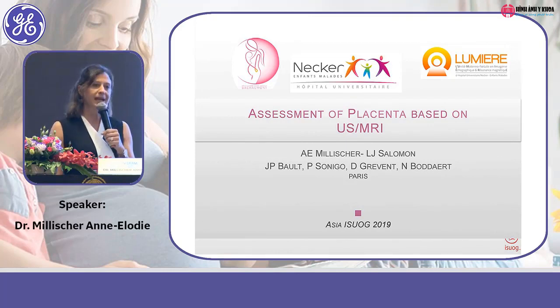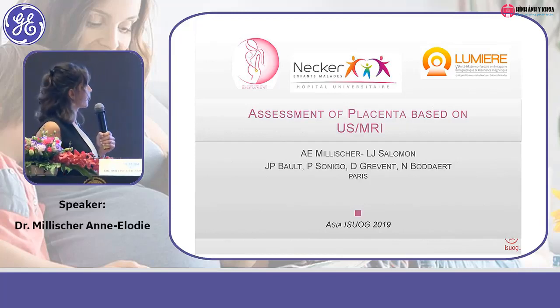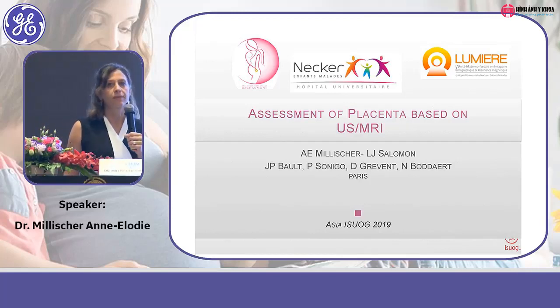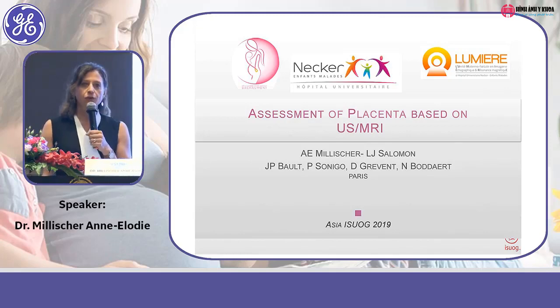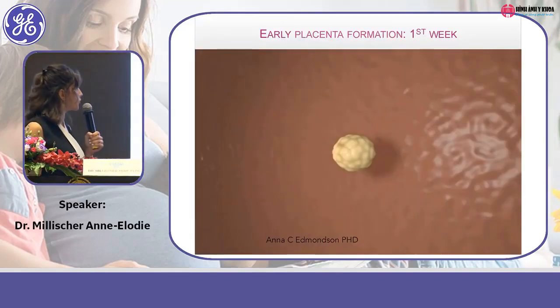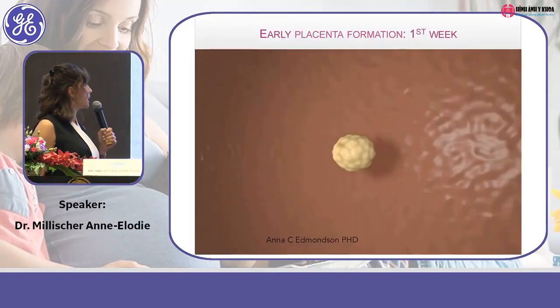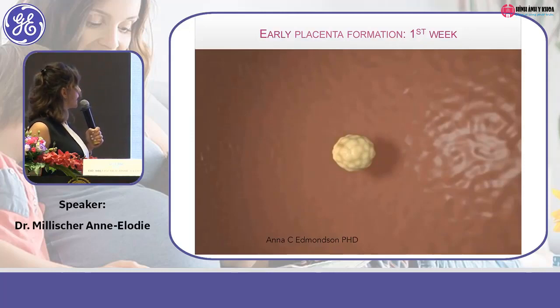So first, placenta is a very important organ, but it is more often overlooked. Its function is essential for the pregnancy, and just to remember the formation of the placenta.